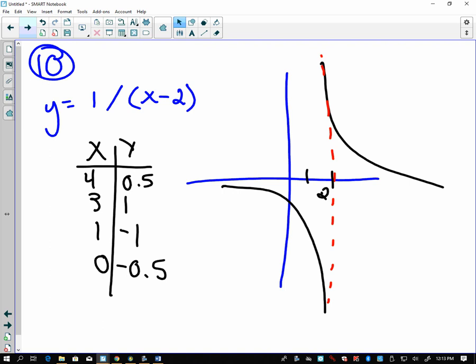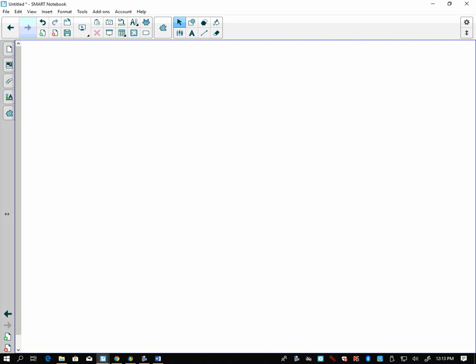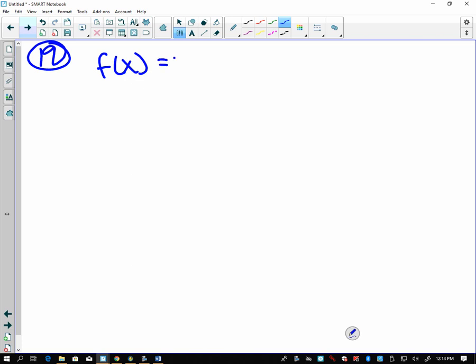Finally, we've got 2 more left, I think. We've got number 19. Number 19 has 3 parts. Says we've got f of x equals 2 minus x. We've got g of x equals 3x squared. A wants f times g of 3.